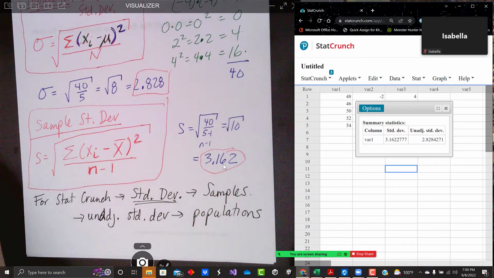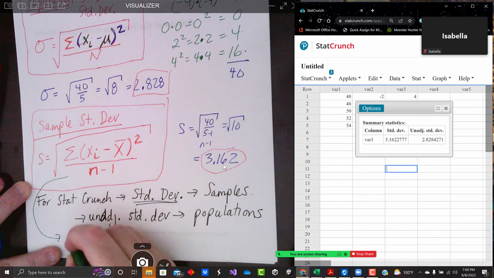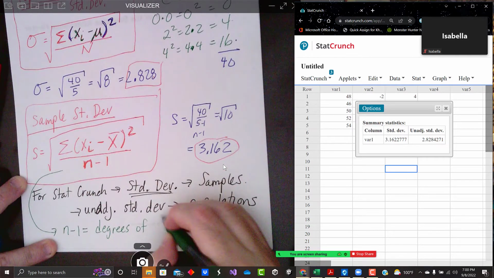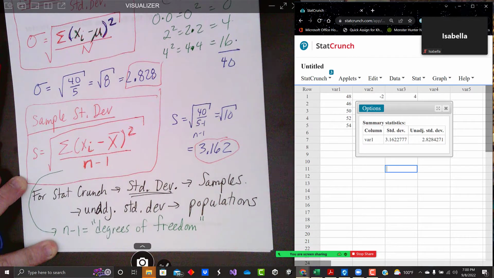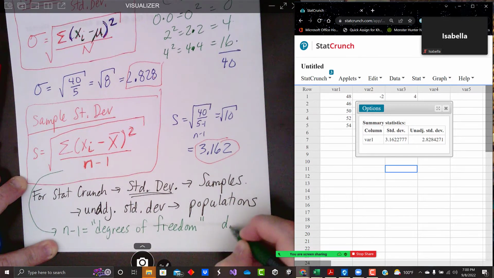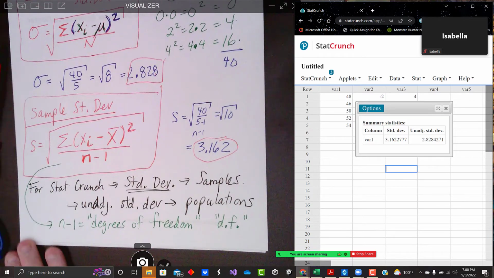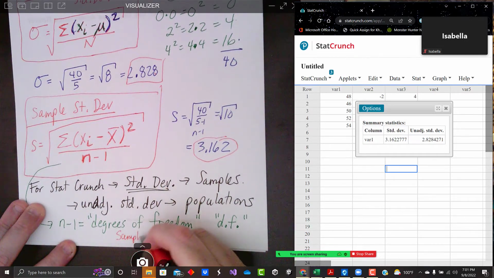Another name for this n-1 that we have right here, n-1 is called the degrees of freedom. You will see the abbreviation D.F in the homework. They are talking about degrees of freedom. You have to take the sample size and subtract 1.